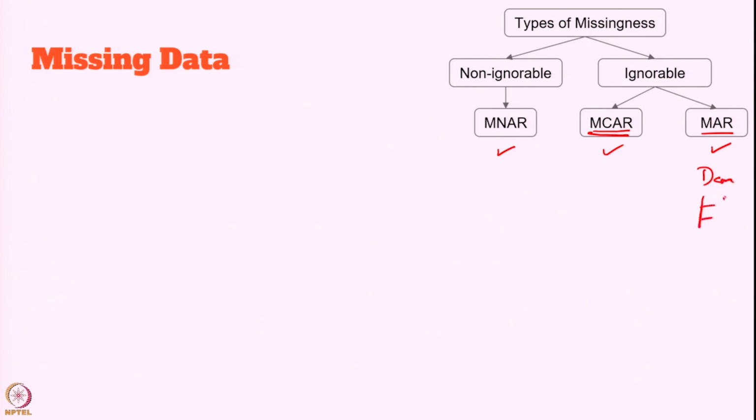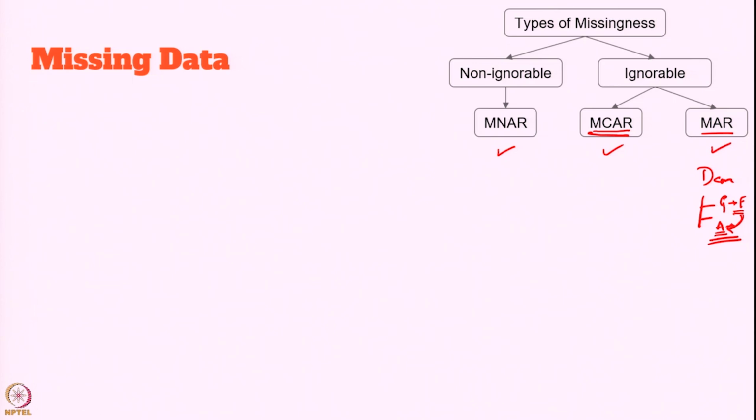One of the questions is gender and one more question is age. And you observe that in gender, if it is female, they might not have filled the age. It is not always true, but there is a dependency. So females do not always fill age. This dependency comes under MAR, that there is some relationship between the missing data and other values of the data.